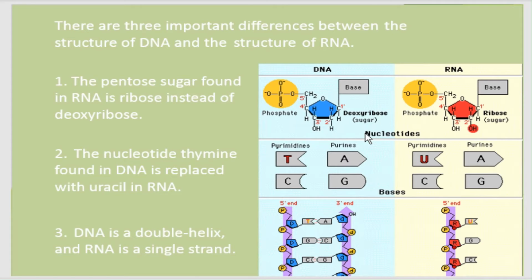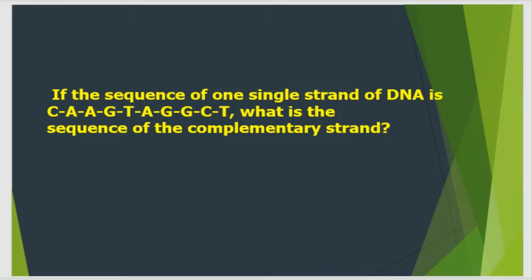Number three, DNA is a double helix and RNA is a single strand. Again, in DNA thymine is paired with adenine and cytosine with guanine, but in RNA, adenine is paired with uracil, and cytosine again is paired with guanine.